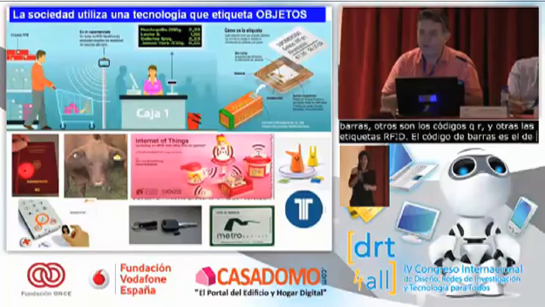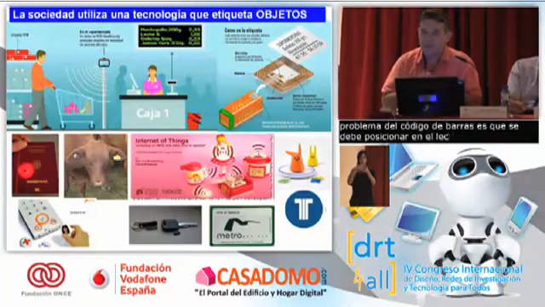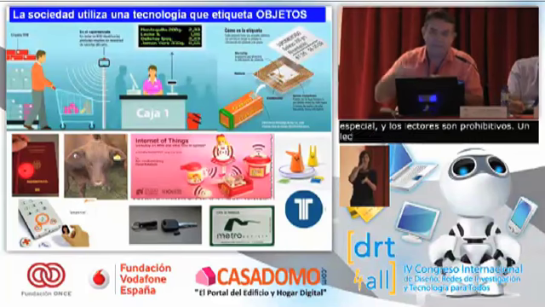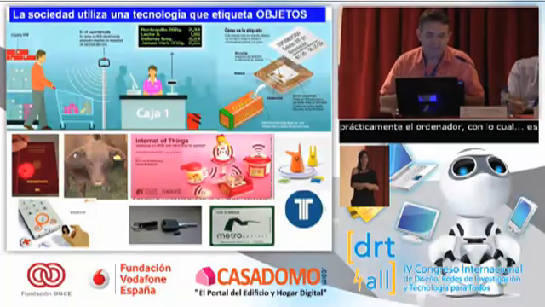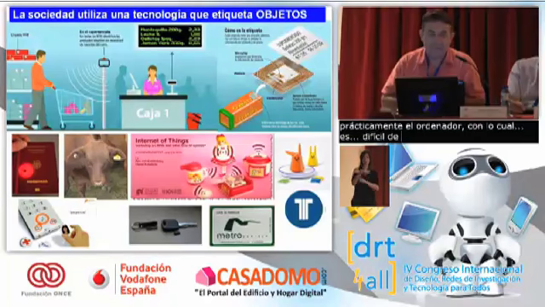The barcode is the one that you all know. The problem with the barcode is that it has to be positioned on the reader in a very specific manner. And also they're very expensive. A barcode reader is more expensive than a computer. So it's difficult to have in a normal school.